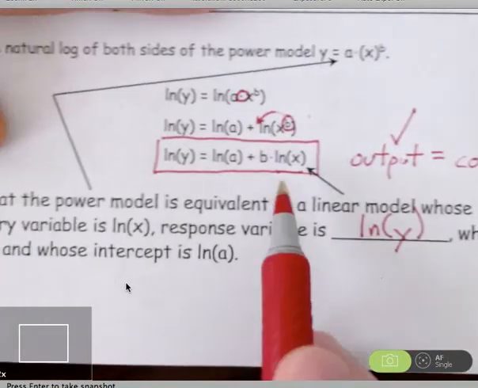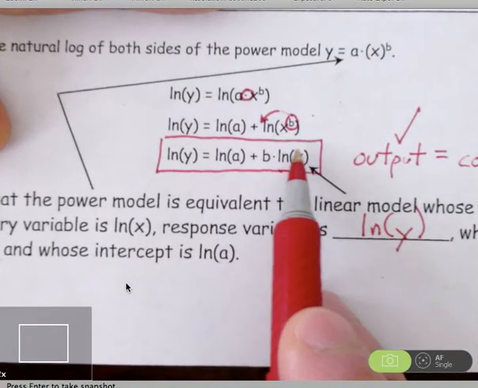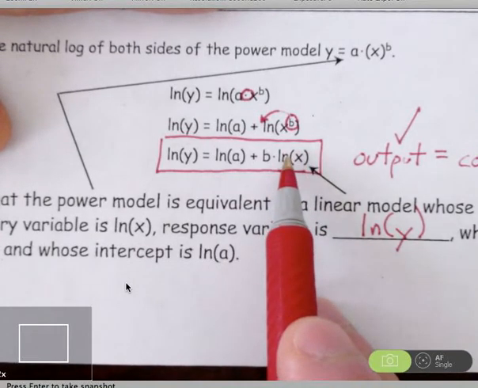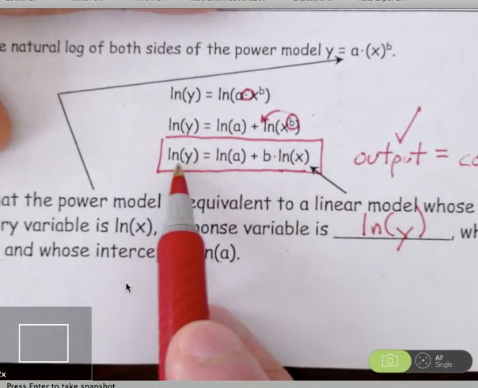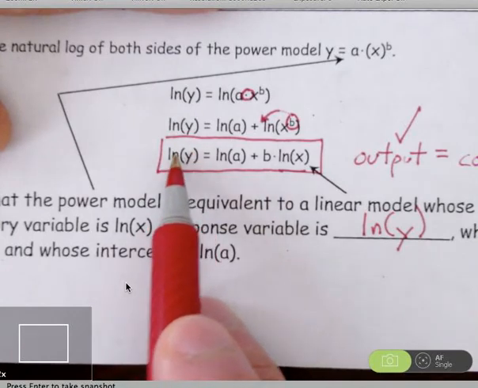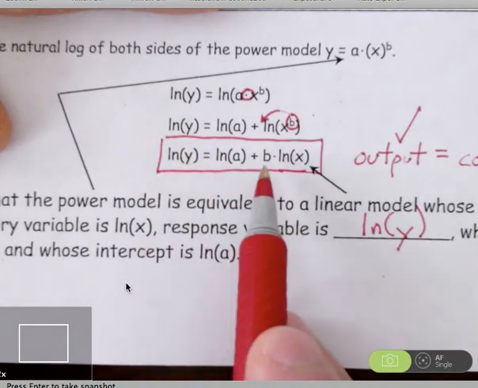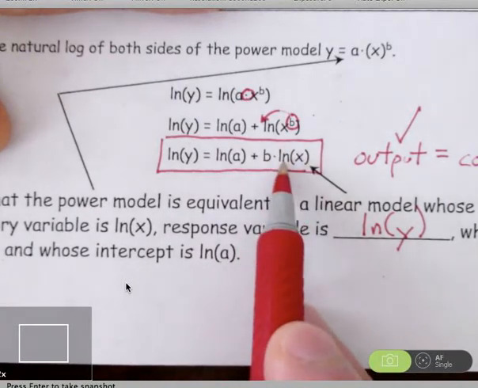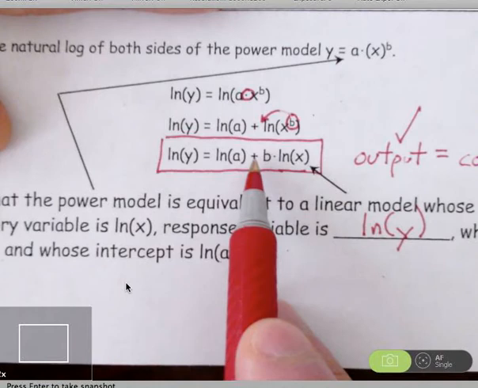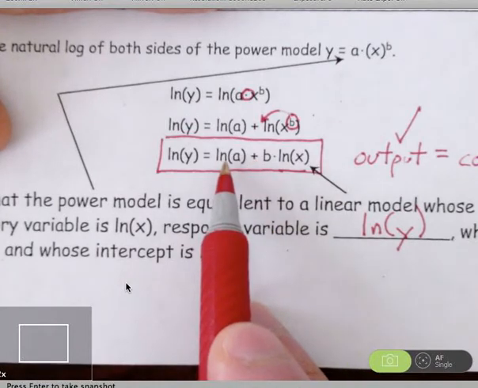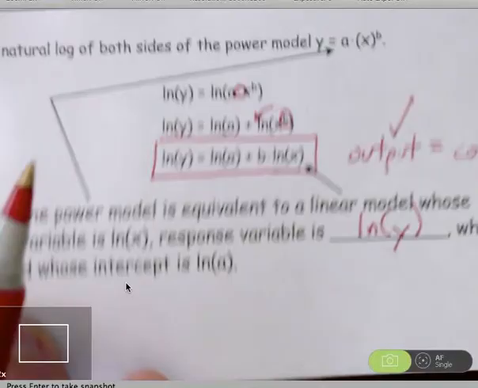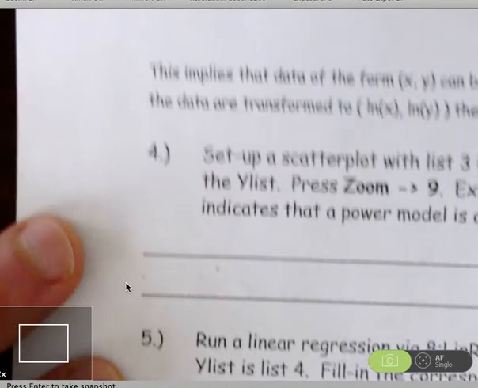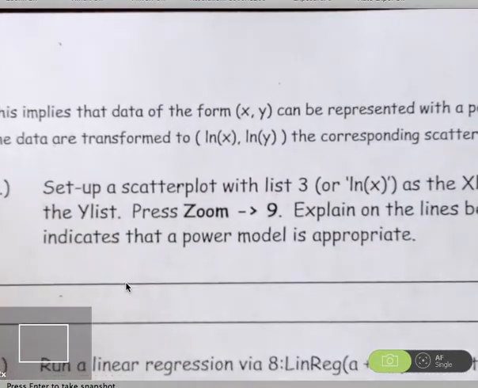So when I look at this form, here is the input, the natural log of x. That's our explanatory variable. Here is the output, the natural log of y. And to get that output, we really are taking a slope of b times the input, the explanatory variable, and adding to it a constant value. That is the natural log of a. So here's the test that we need to run to see if a power model makes sense.